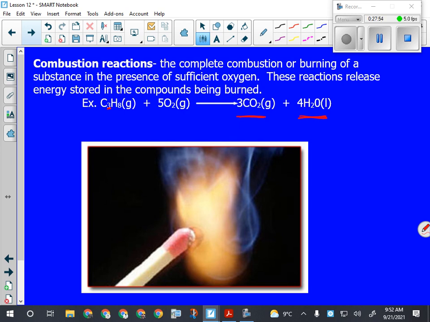How many hydrogen atoms are here? 8. How many are over here? 8. 4 times 2 is 8. How many oxygens are here? 10. How many on this side? Well, 3 times 2 is 6, plus 4 more is 10. This is where it can get tricky.